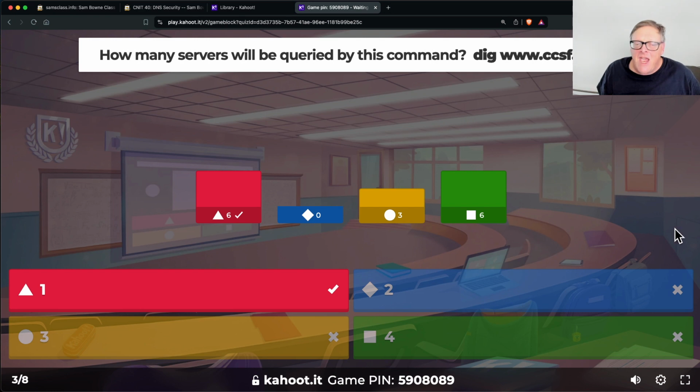It'll be in its cache. You don't really know, but typically it's one server to do normal DNS resolution for a normal website that exists. It's found in the cache because somebody else has gone to it recently. Like if you're a Comcast customer, you ask your Comcast server, and that Comcast server is being used by thousands of people, and somebody else probably went to that website recently, so it's probably just got a copy of that record in its memory.